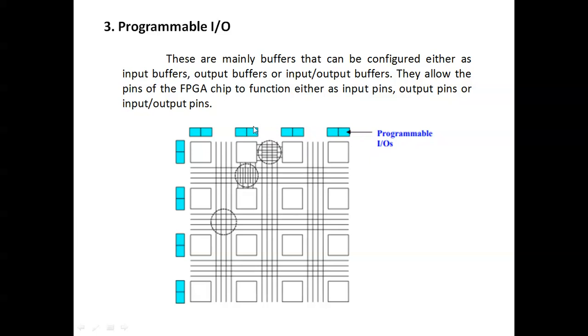So this is the programmable input output for this FPGA. This blue line is a pin for input and output. So it can function as either input pins or output pins for the FPGA. Okay, thank you.